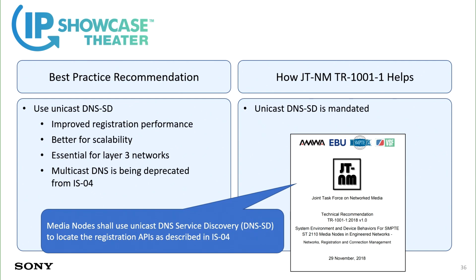And multicast DNS will be deprecated from IS-04 in the future. So TR 1001-1 helps by mandating that unicast DNS-SD is used. So all media nodes will have to query a central name server to find the registry on the network rather than the registry advertising itself using multicast DNS.